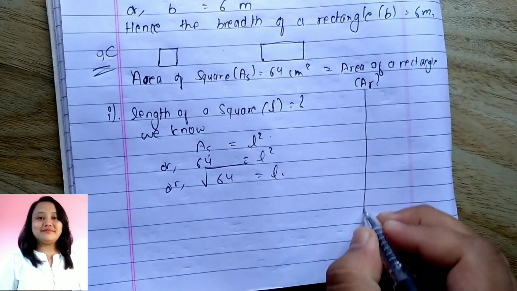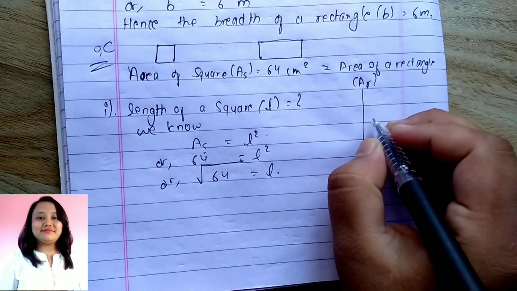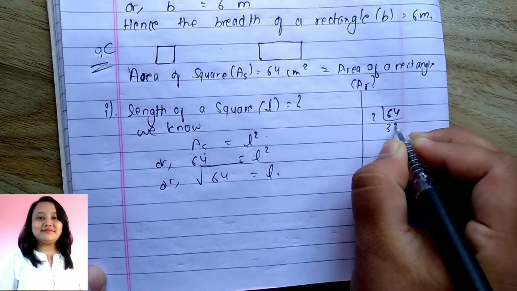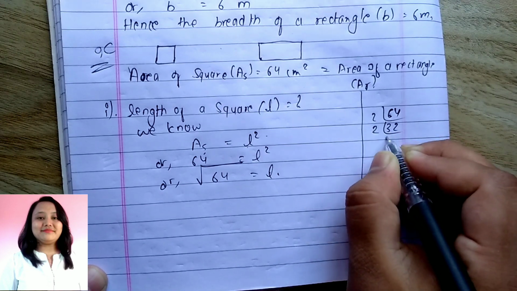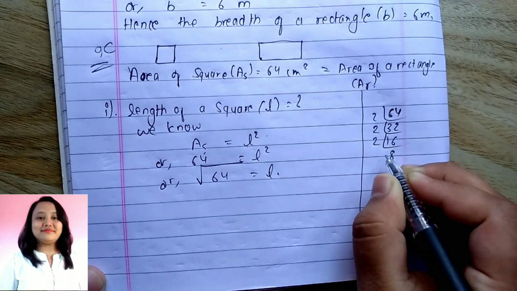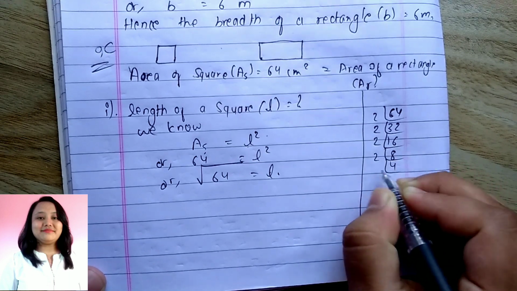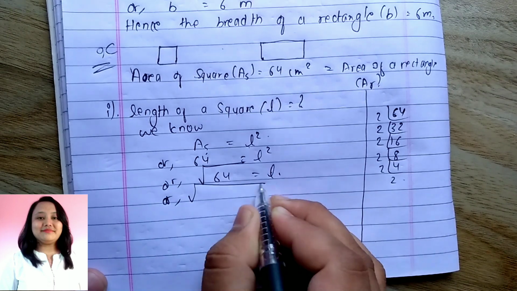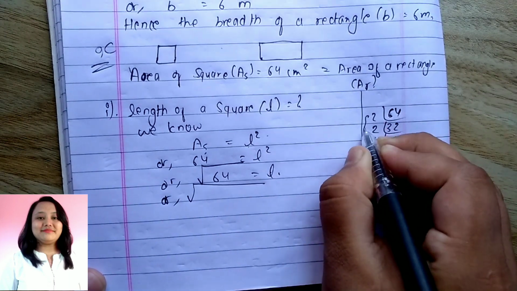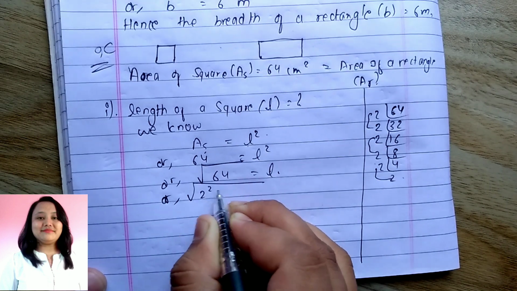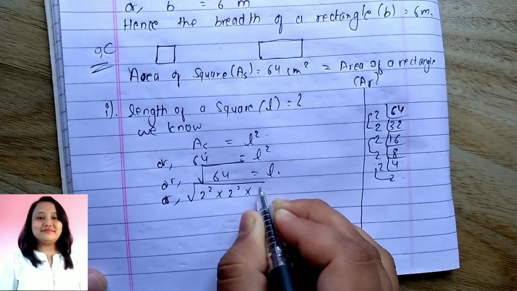And in rough, with the help of a scale, 64. 2 3 is 6, 2 2 is 4, and 2 1 is 2, 2 6 is 12, 2 8 is 16, 2 4 is 8, 2 2 is 4. So now we can write here 2 square into 2 square into 2 square.